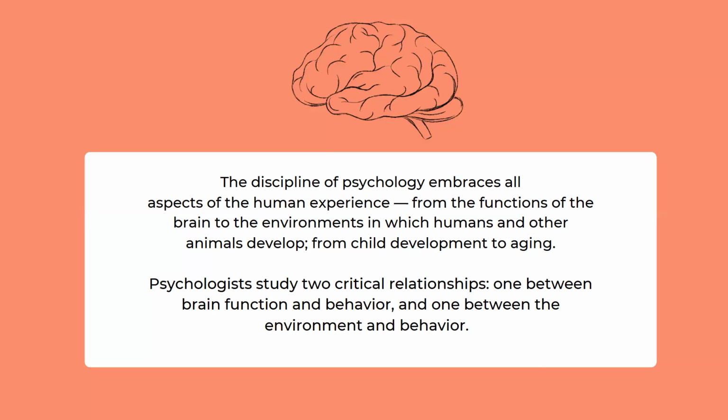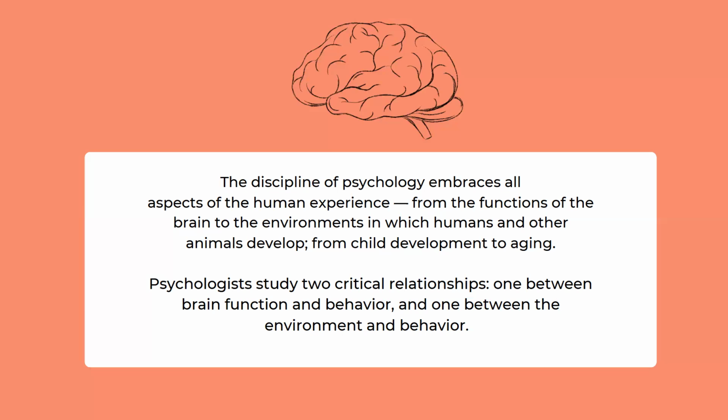Psychologists study two critical relationships: one between brain function and behavior, and one between the environment and behavior. These are the two critical aspects psychologists focus on: how the mind influences behavior, and how the environment influences behavior.